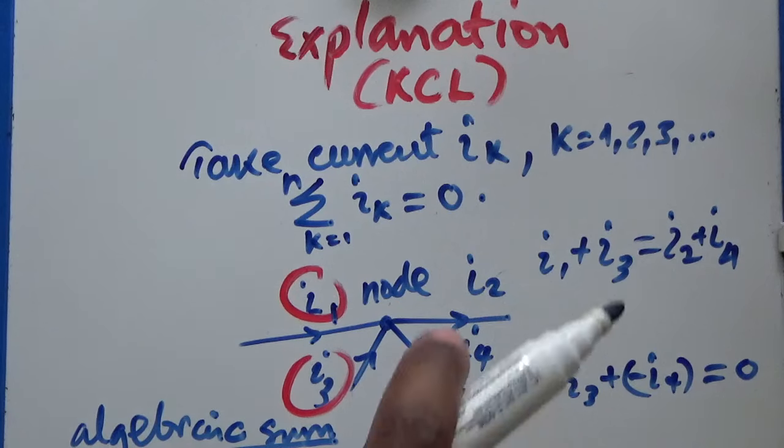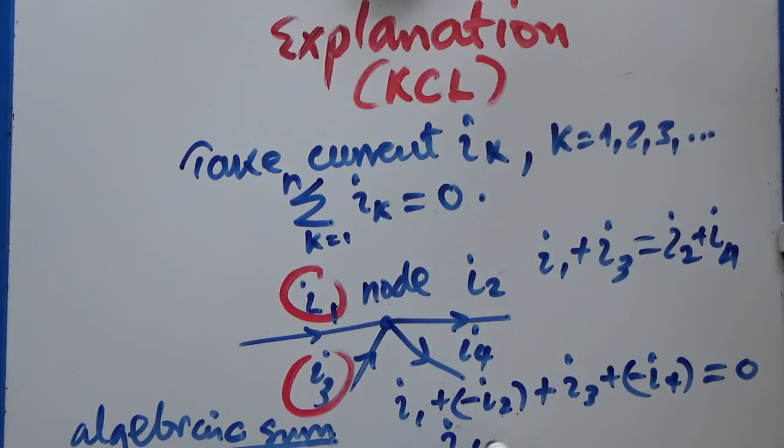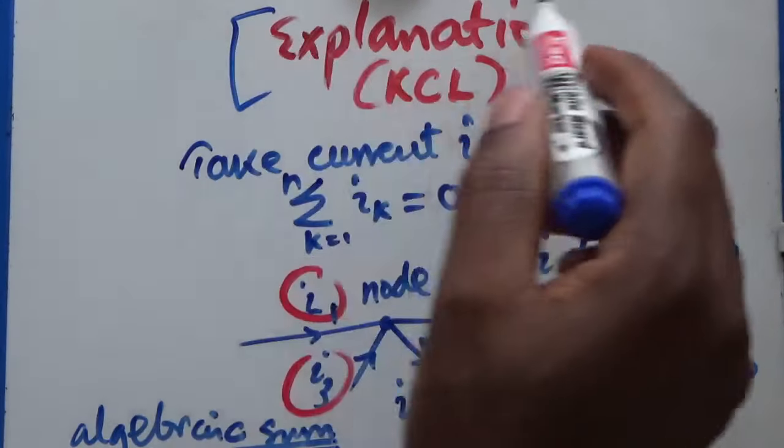This is where the idea of I1 plus I3 equaling I2 plus I4, and the concept of the algebraic sum, comes from: the algebraic sum entering equals the algebraic sum of the currents leaving the branch point. And so this is the explanation of this Kirchhoff's current law.